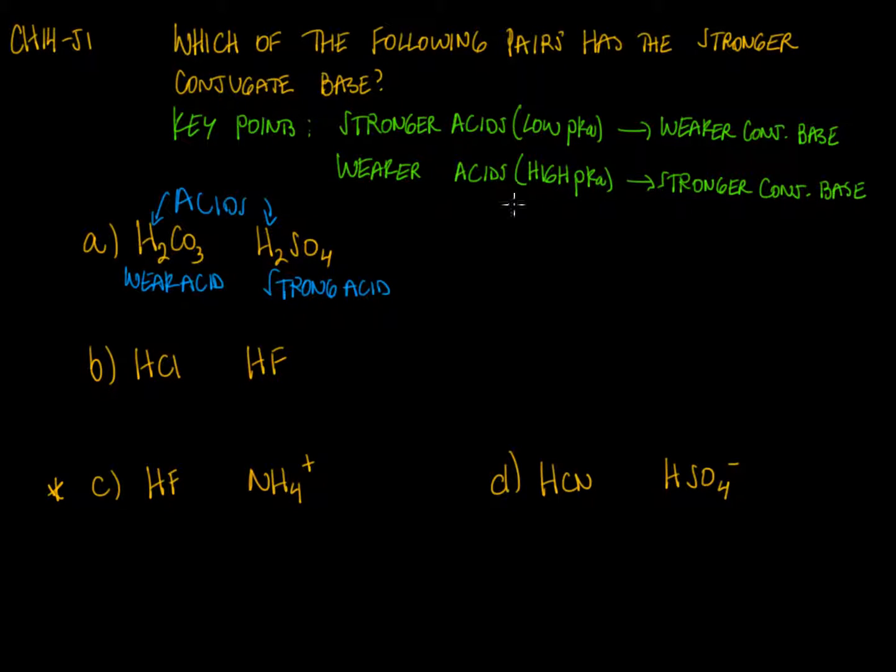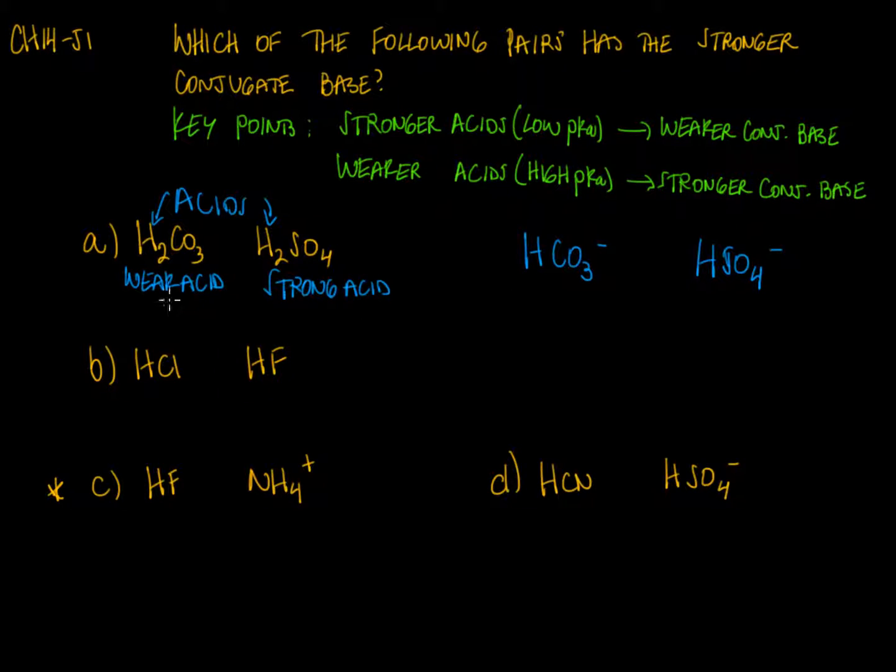So when these two form the conjugate base, they're not reacting with each other, but let's just write the formulas. HCO3 minus is the conjugate base of that. HSO4 minus is the conjugate base of sulfuric acid. If you're confused about that, watch my other videos.